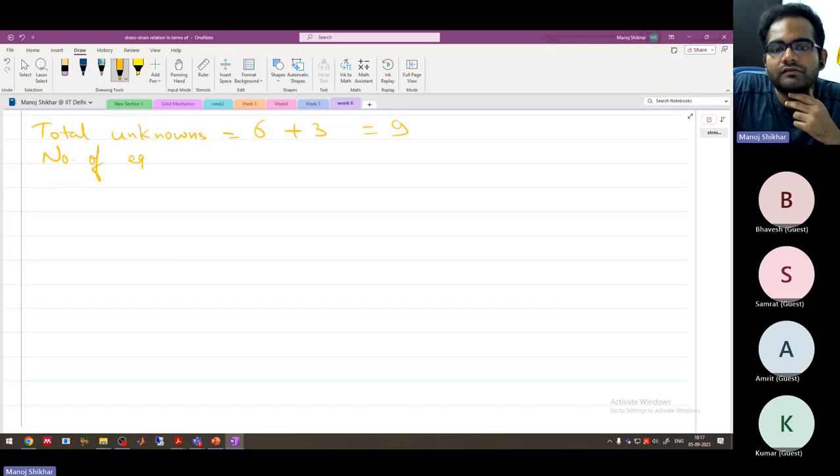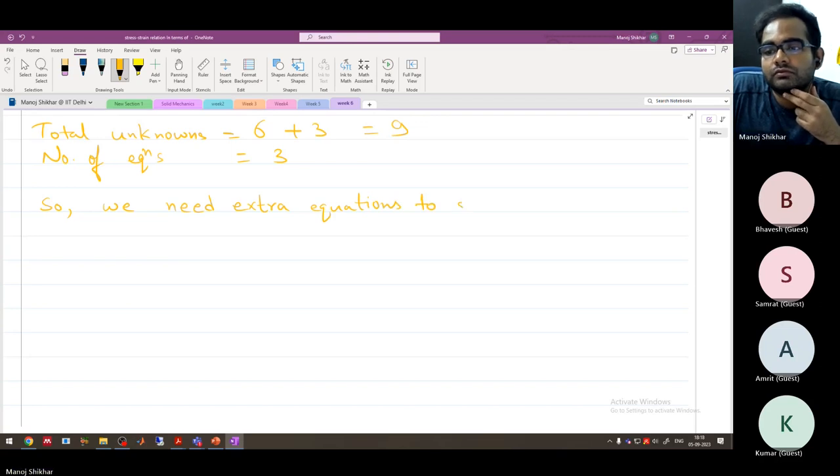The number of equations we have is 3. So we need extra equations to solve for sigma ij and displacements ui.